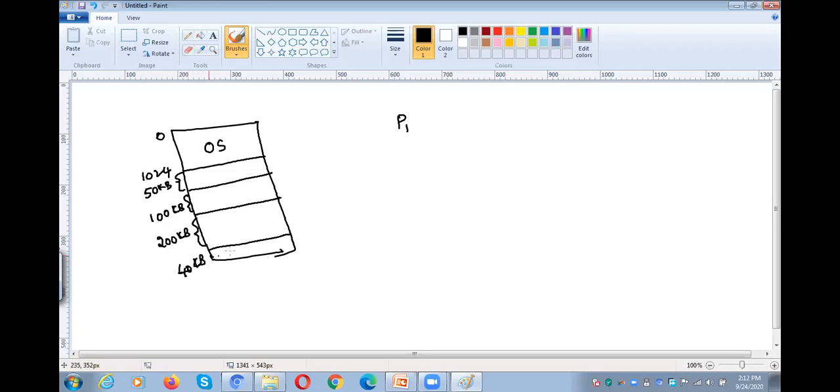We need to choose first fit, best fit, or worst fit to allocate memory to a process. These are the three techniques: first fit, best fit, worst fit. Let me say the size of the process is 30 KB.